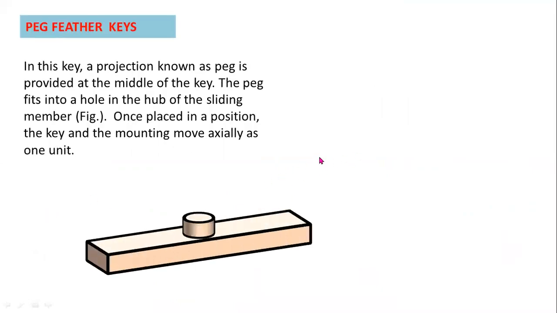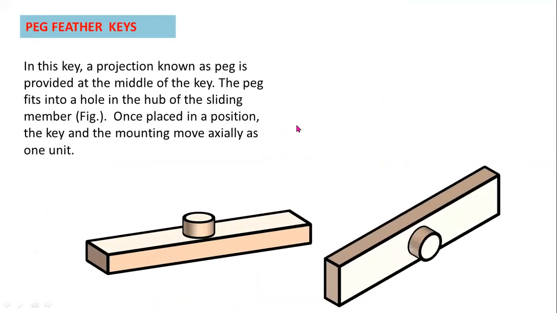In pegged feather key, a projection known as peg is provided at the middle of the key. The peg fits into a hole in the hub of the sliding member. Once placed in a position, the key and the mounting move axially as one unit.